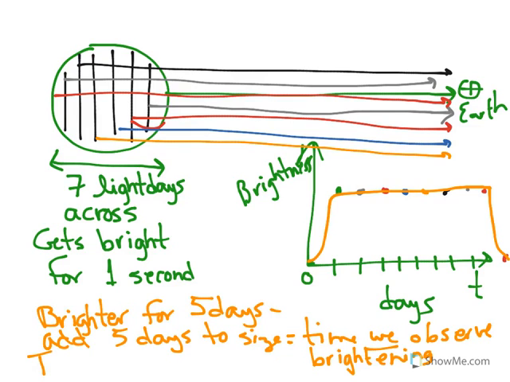So this would be a total 12 light days. And so from that we would say, well, it's at most 12 light days across. It can't be larger than that, because if it was larger than that, it would take longer for the brightening, because you've got to have the light from the far side adding into what we see. So this technique gives us the maximum size. It could be smaller, but it can't be bigger than that.